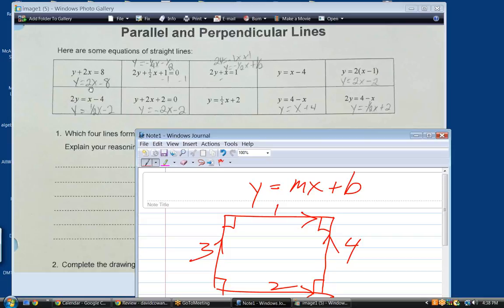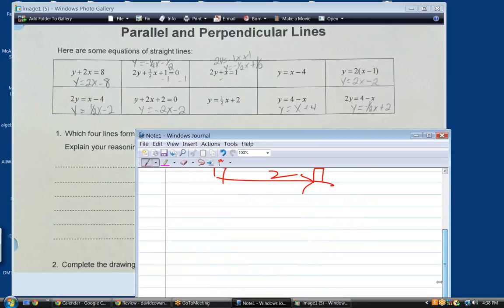Okay, that makes sense. m equals minus 2. And we're just going to figure out the slope of all 8 lines and then figure out which ones are parallel and which ones are negative reciprocals of the other. Okay. What's the slope of, well, hold on a moment.